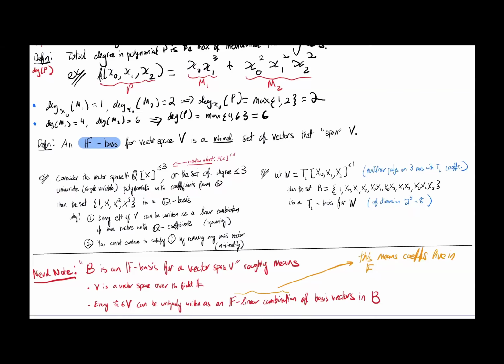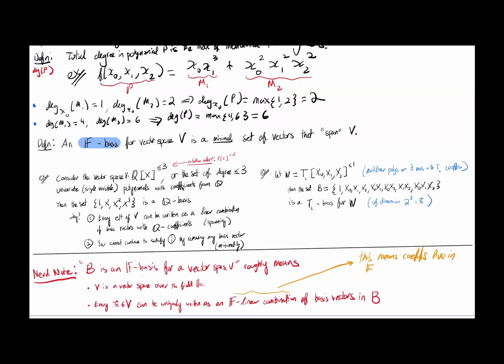That's a mouthful, so I'll say that again. If I look at the set of degree at most 3 univariate polynomials with coefficients from the rationals, that is a vector space over which field? The rational numbers. And so we can talk about a basis for this vector space.